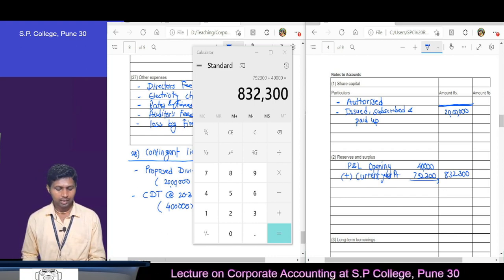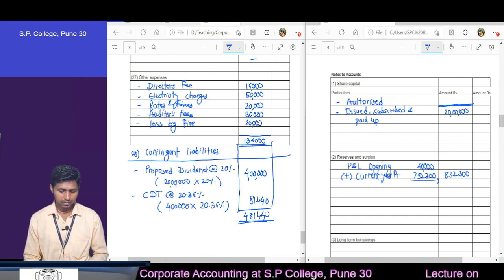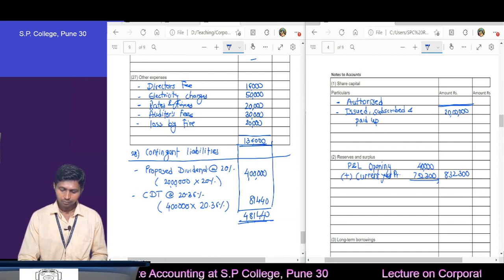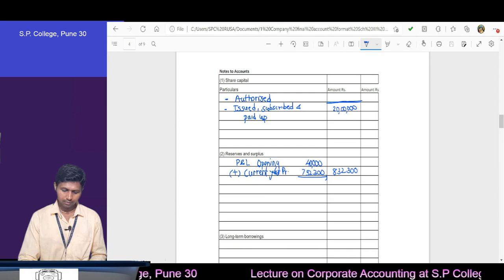Now our target is to close the balance sheet. Now how to close the balance sheet? I will save this first. Okay.